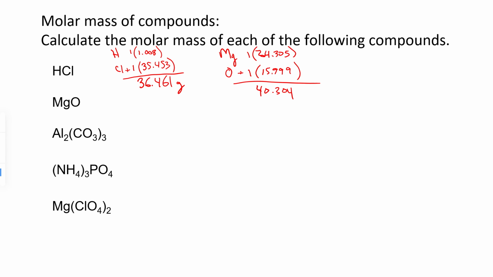So now we have aluminum carbonate, and we are going to take each individual atom, or element, sorry, and list it out. So here we have aluminum. There's actually 2 aluminum, so we're going to do 2 times, and aluminum is 26.982.